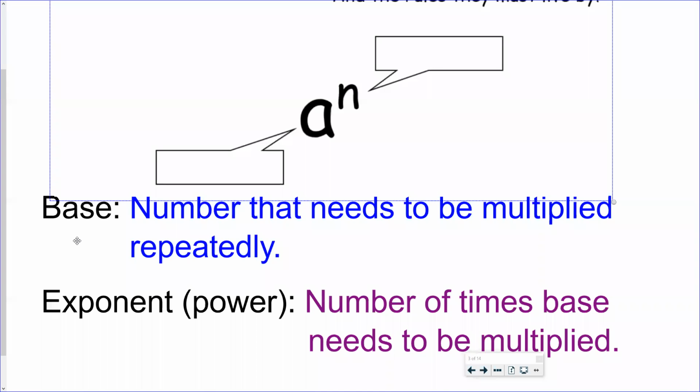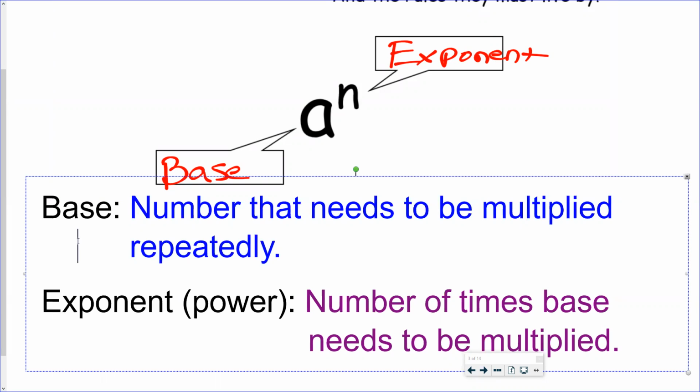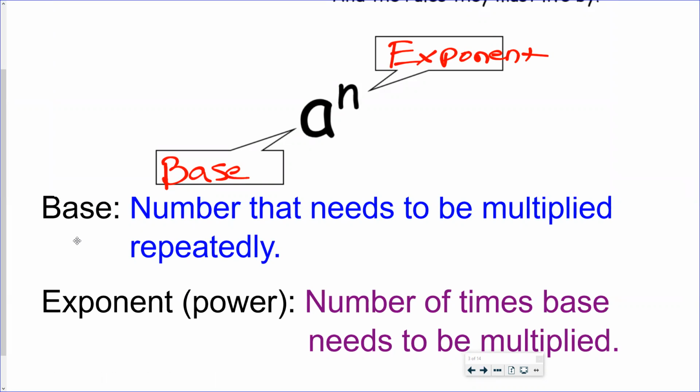So in this case, A would represent my base. Exponent, power, that's the number of times the base needs to be multiplied. So N in this case would be my exponent. Make sure you get both of those definitions down along with our diagram there with what A to the N is.